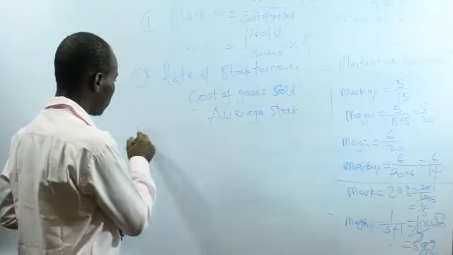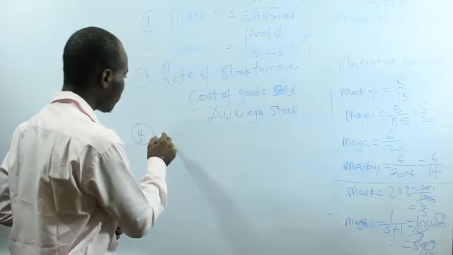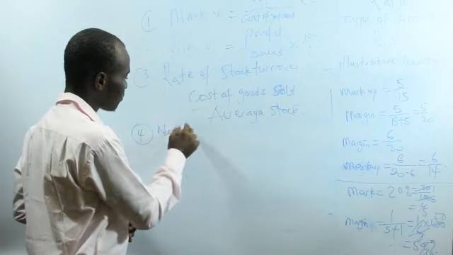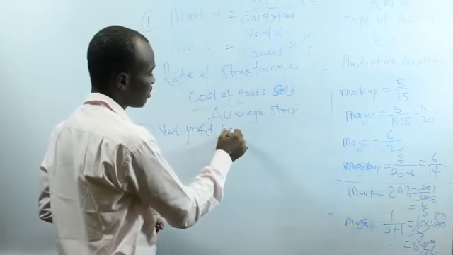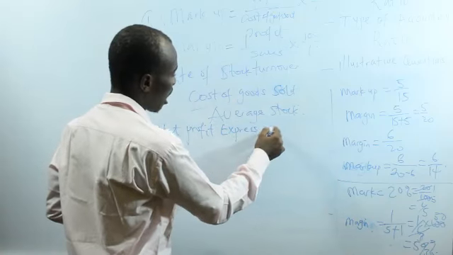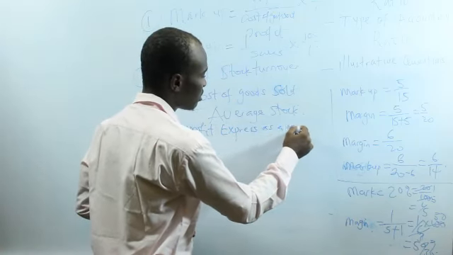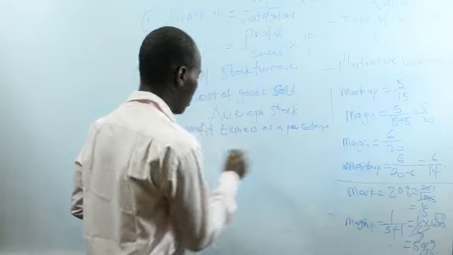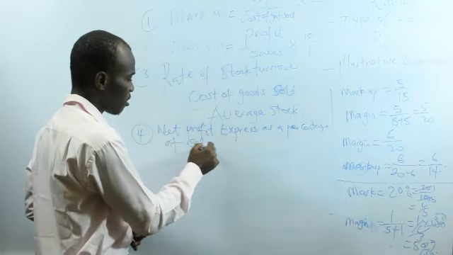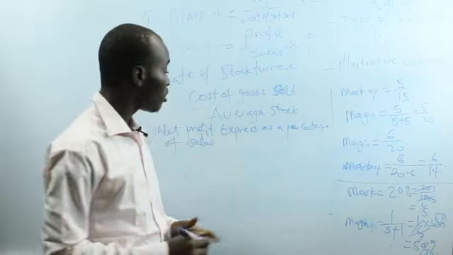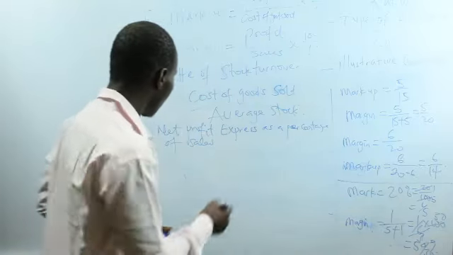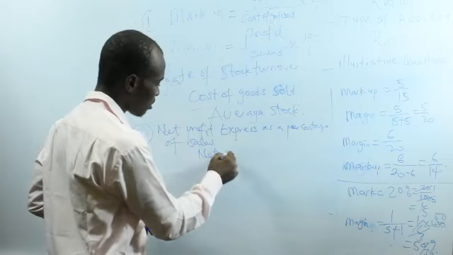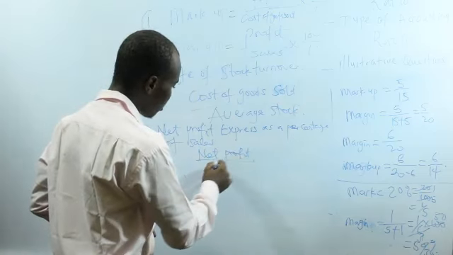So the number 4, we have net profit. That is the next ratio, expressed as a percentage of sales. So the net profit in this ratio is expressed as a percentage of what? Sales. So that will be net profit over sales.